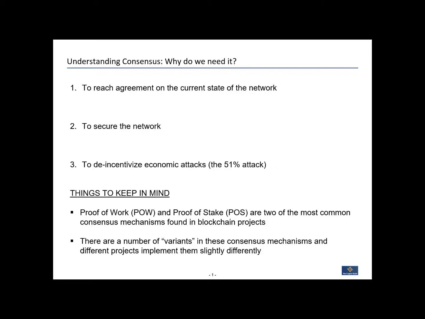So they're never exactly the same across different projects. You've got to keep that in mind. It's better to understand the concept of consensus and the concept of proof of stake, and you might see variations of them when you go in depth into different blockchain projects, right?